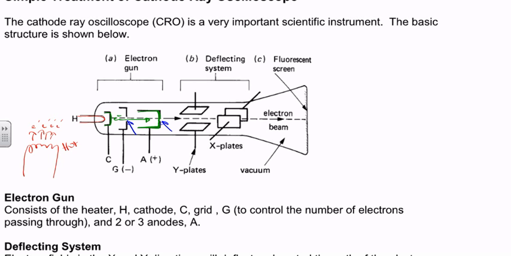And then we have a couple of plates. These plates here will control the motion of the electron up and down, and these ones here will be controlling it left and right. It does that by electric fields.